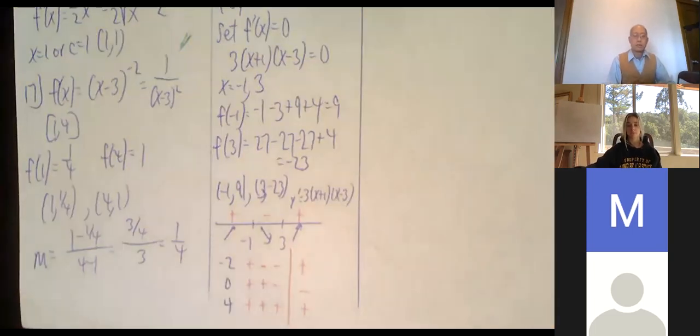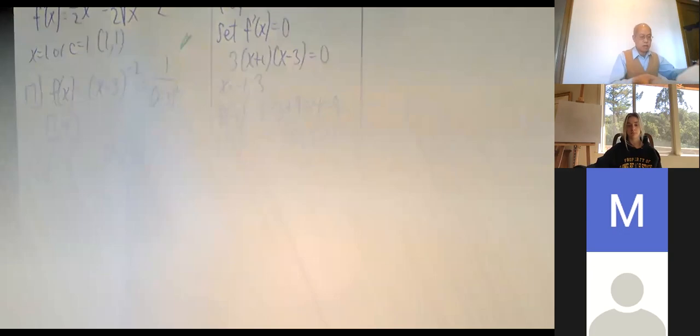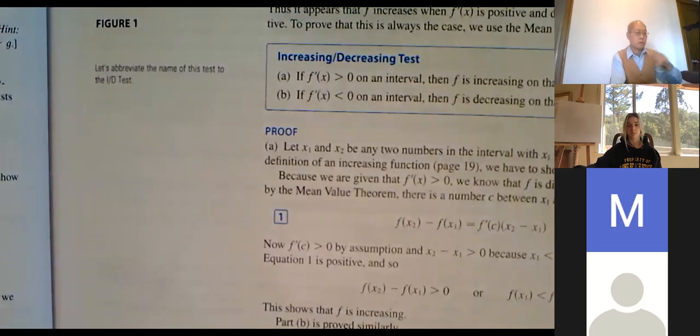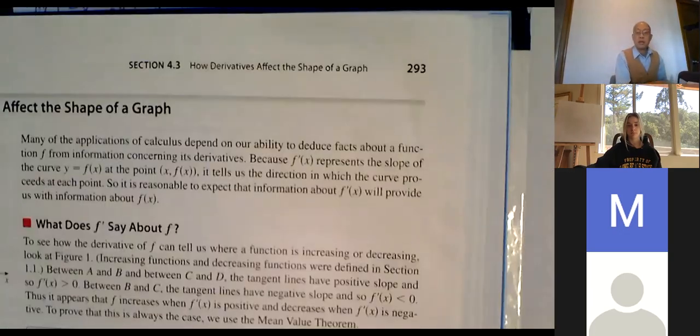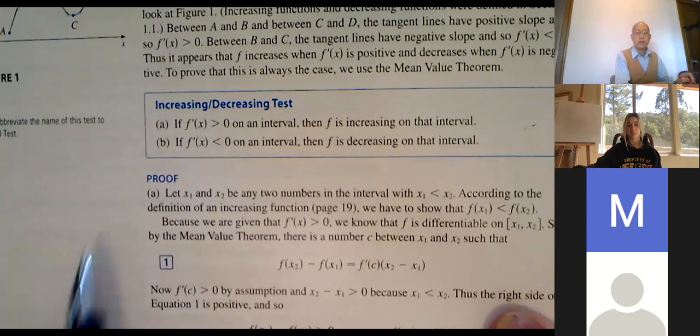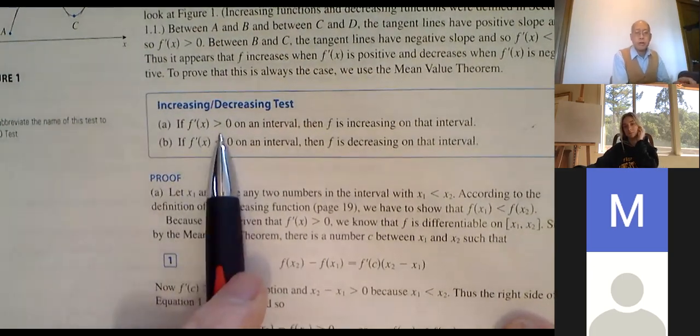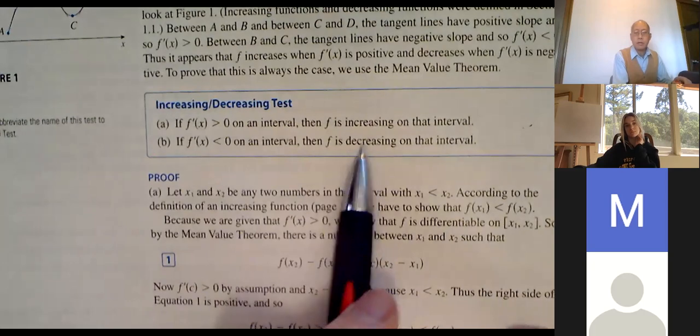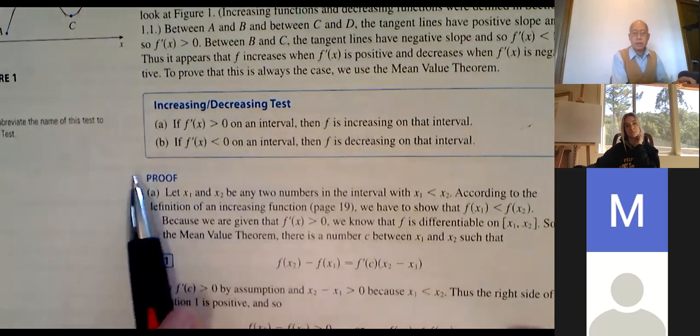All right. So we are doing the first derivative. Let me show you back in the text, here again, page 293. First derivative positive, greater than 0: f is increasing.